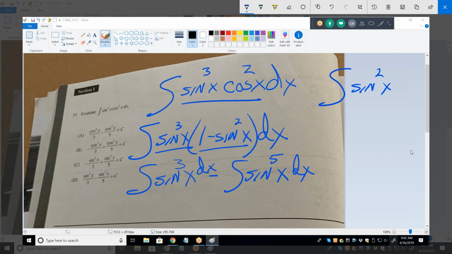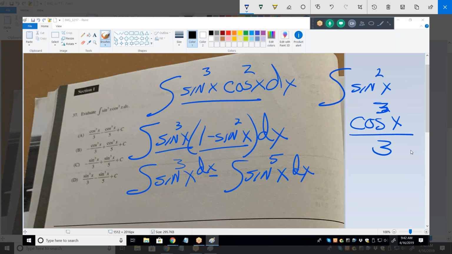Based on those answers, it would be cosine squared x. What? Cosine cubed x over 3. Hold on a second. It's cosine squared of x. Is it 3? Yeah, it is 3.